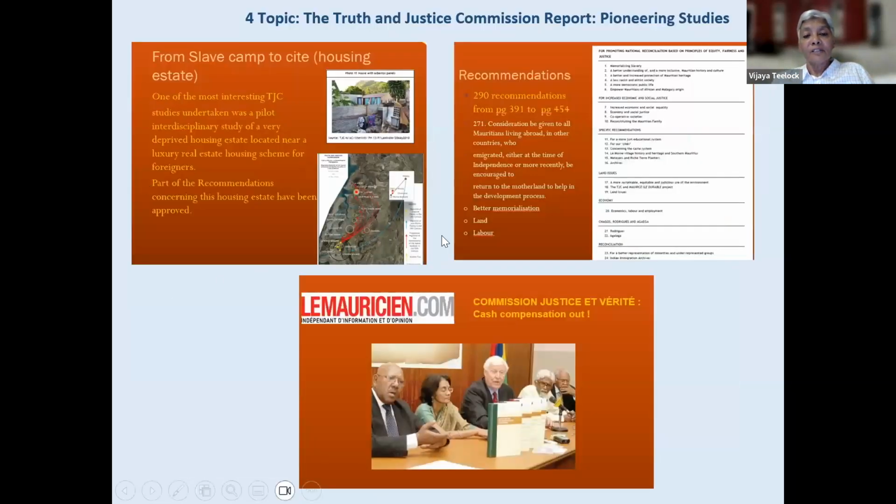Another important study was done of a housing estate, also in the same district of Rivière Noire, Black River district. And this was to show the continuity from slave camp to housing estate.